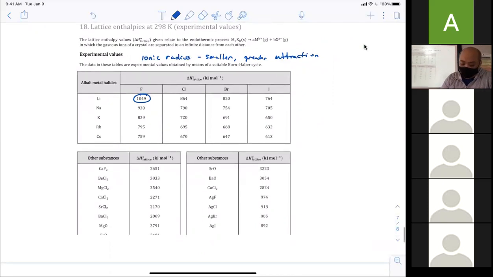But you'll notice that when the charges increase, the impact is more significant. Going from CaF2 to something like KF, there's a huge jump in lattice enthalpy. So the factors are ionic radius and charge, but charge is the greatest one.